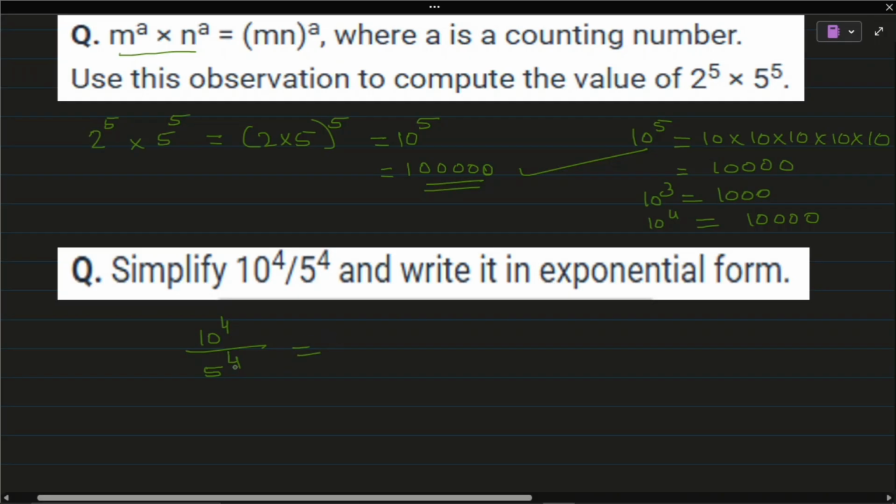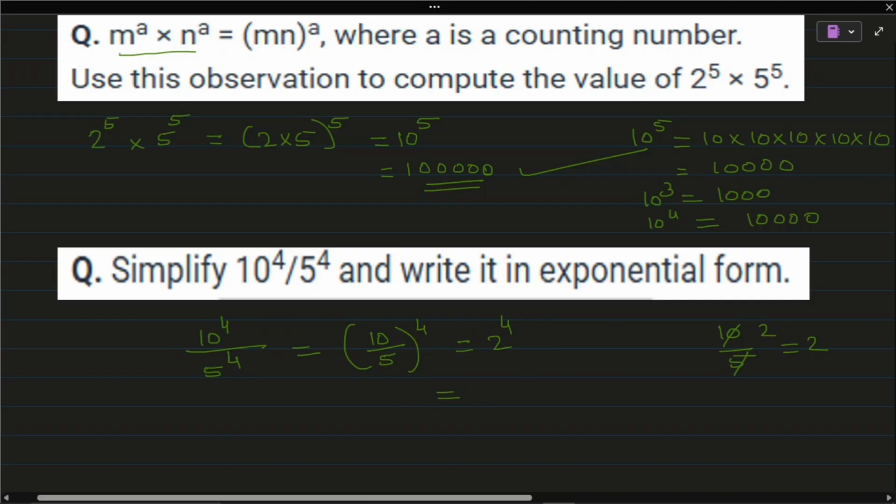If the power is given separately, we can write it as a common power, because the denominator and numerator power is 4 only, so we can write it as a common power, that is 10 by 5 whole raised to 4. That means 10 by 5 is 2. When you divide 10 by 5 it becomes 2, so 2 raised to 4. And now we can find the answer.